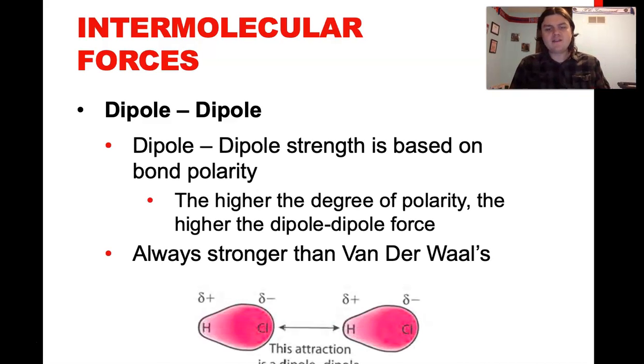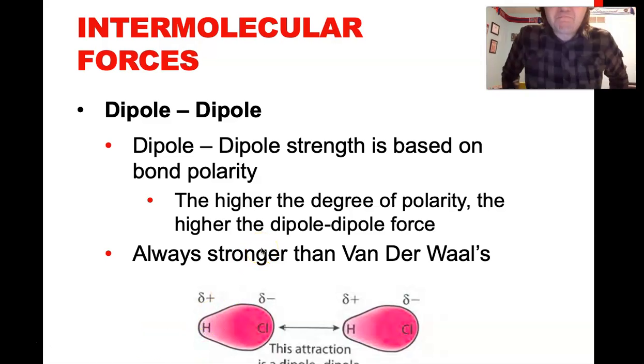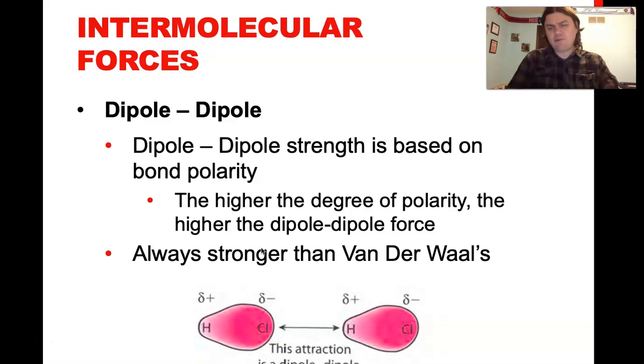The strength of this is based on bond polarity. What we mean by bond polarity is the difference in electronegativity of the atoms involved in that bond. So in this example that we're looking at visually, we have hydrogen and chlorine. Chlorine is significantly more electronegative than hydrogen, okay?